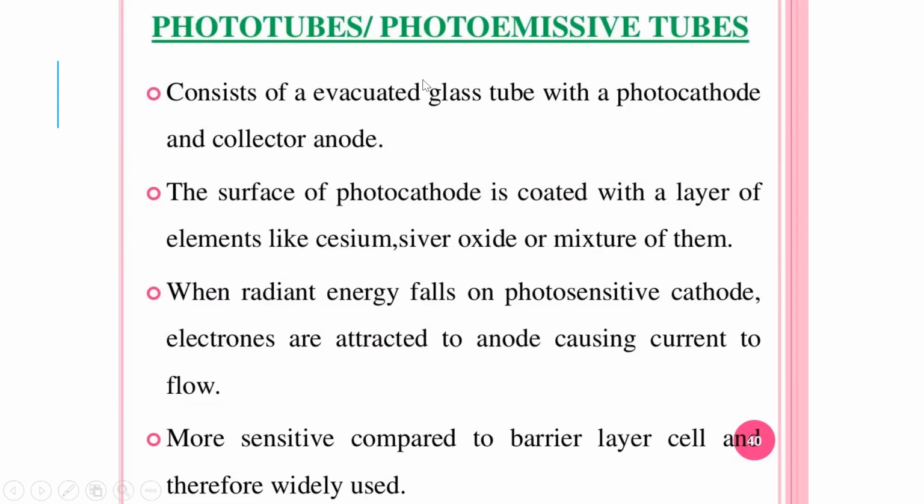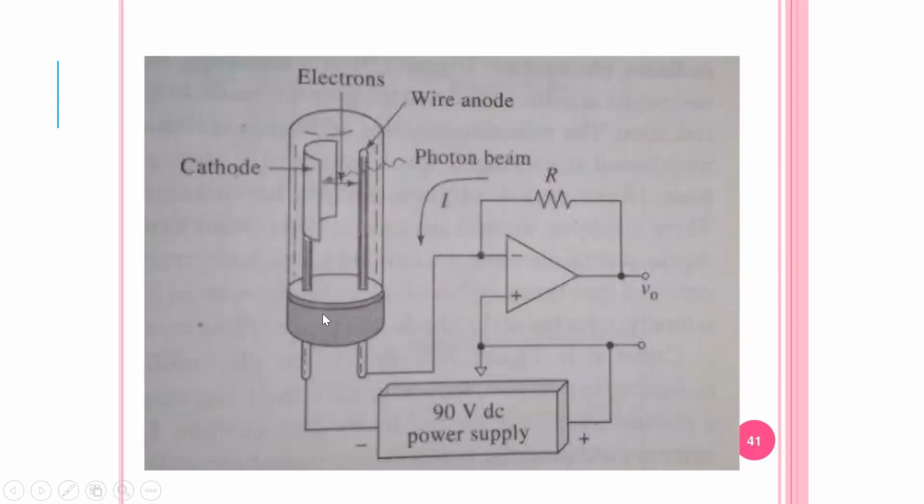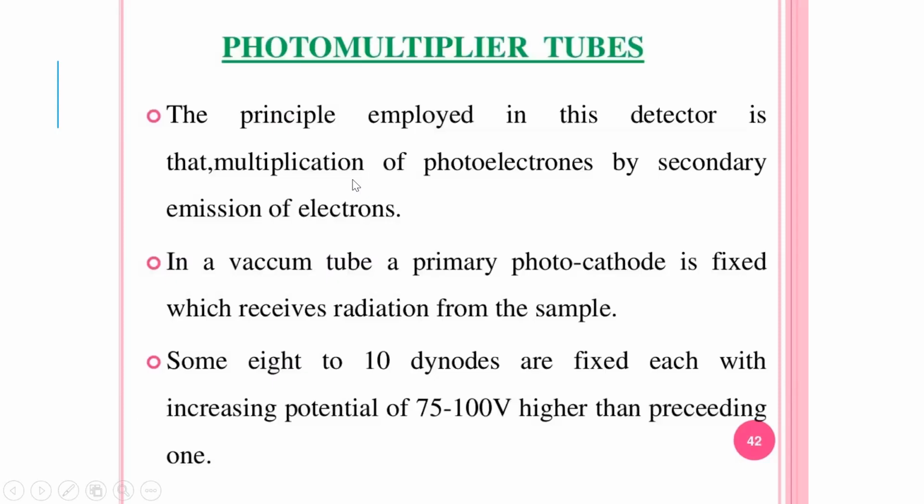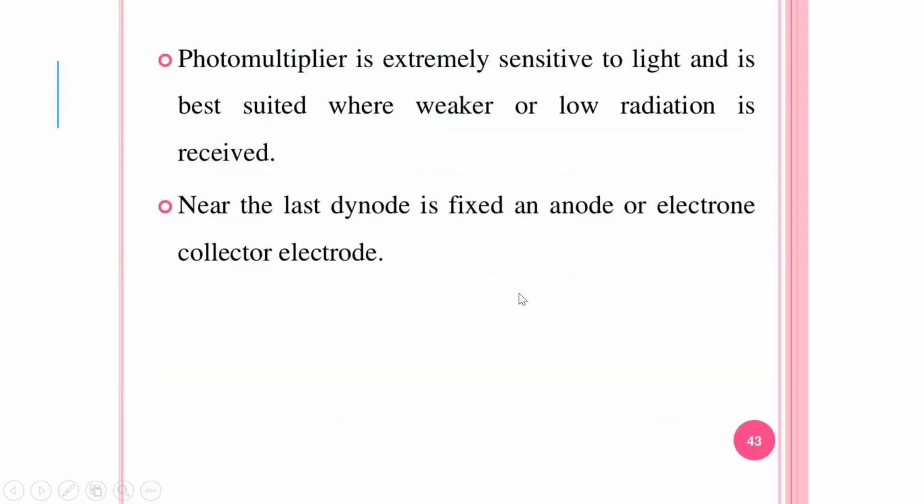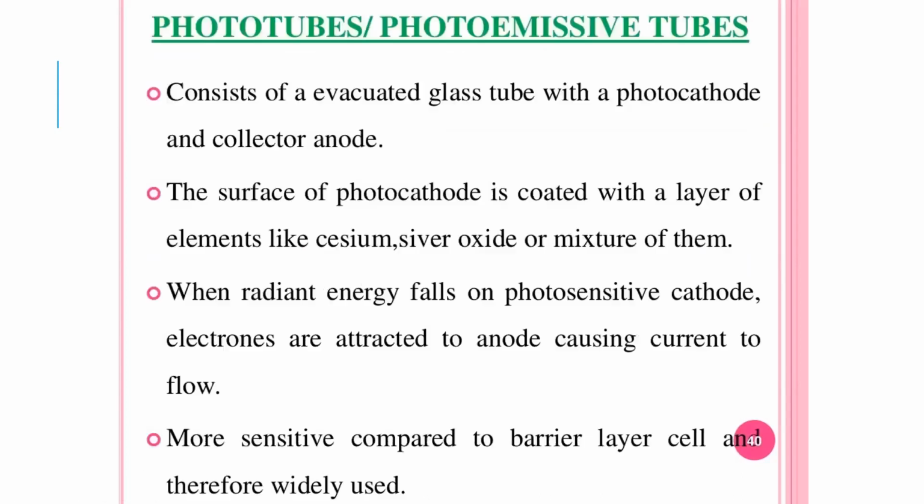Second detector is the phototube. A phototube contains an evacuated glass tube with a photocathode and anode. This is the diagram. When light is incident on the cathode, electrons are produced. That is the principle. The electrons are collected by the anode.